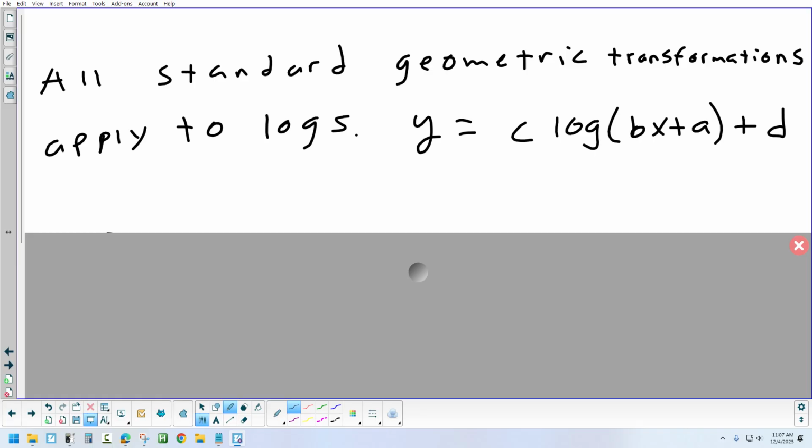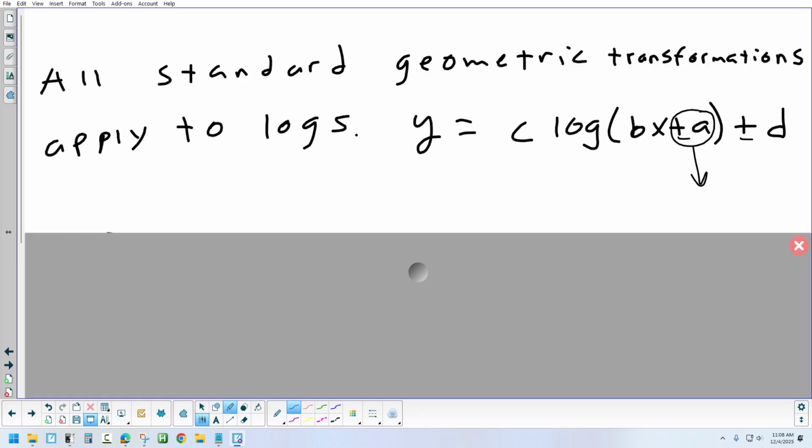Let's start with A. A is on the inside, and when I say inside, I mean in the parentheses. This is the argument. What kind of transformation would adding or subtracting inside the argument be?